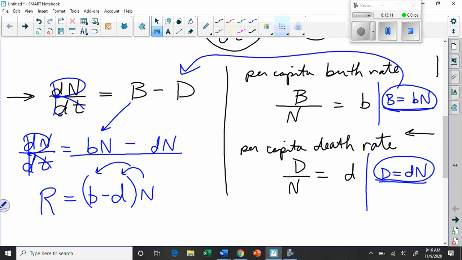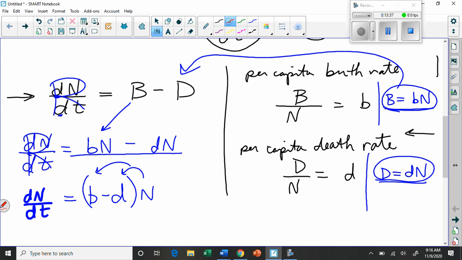But instead of this R, I'm just going to erase the R. Instead of this R, we use the mathematical symbol dN by dt, which has nothing to do with the other d. And that's how they arrive at this little expression that you see on the bottom of page 601. So all of this here is just fooling around with the numbers, and none of these things are overly critical.